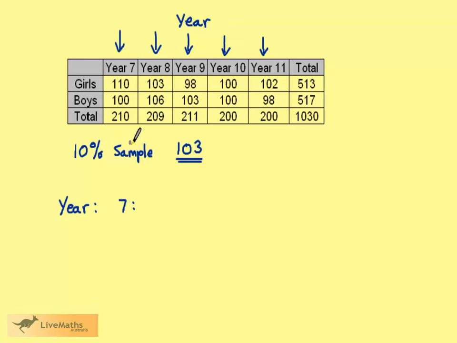If we look at year 7, we have 210 pupils. 10% of this is 21. In year 8, 10% of 209 is 20.9. In year 9, 10% of 211 is 21.1. 10% of 200 is 20, and once again 10% of 200 is 20.